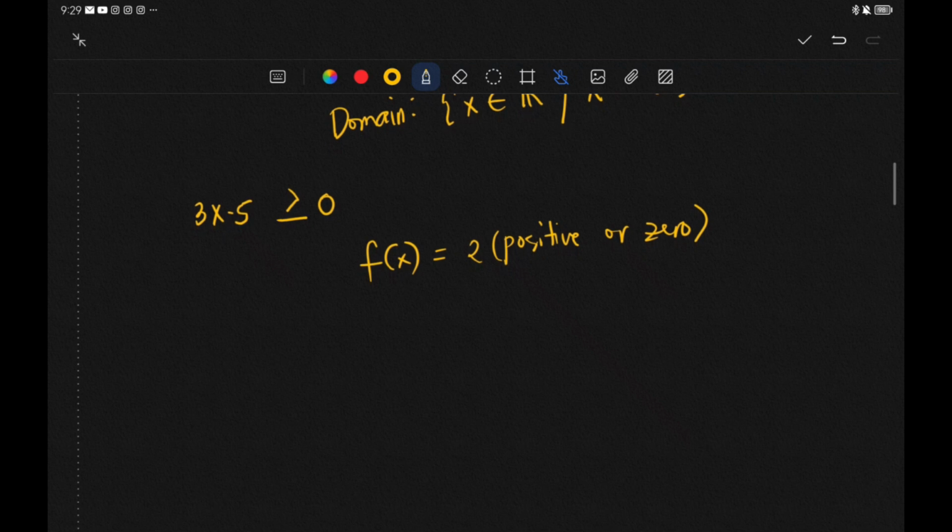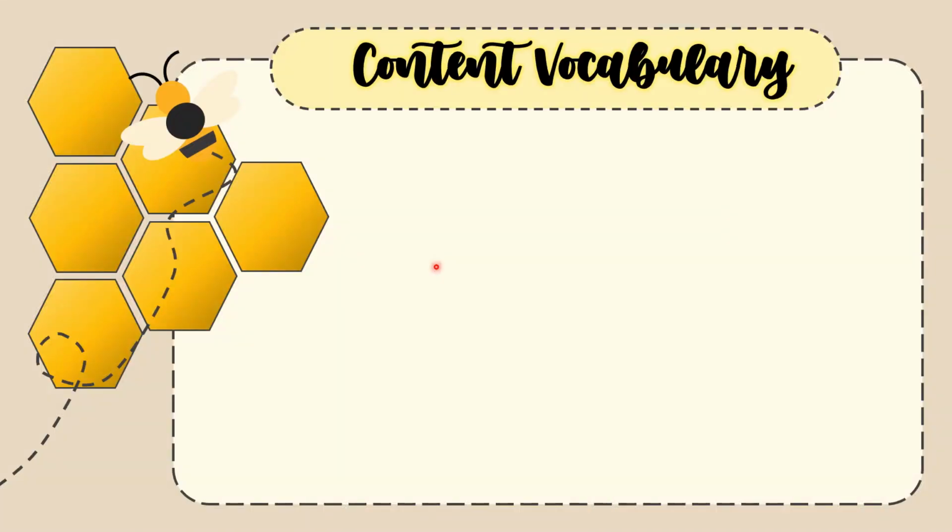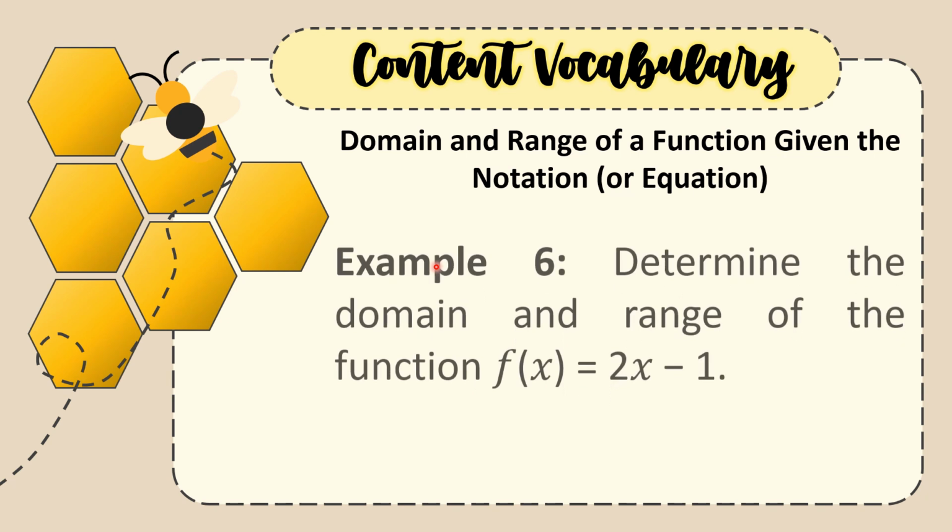So the range of the function f of x is equal to 2 times square root of 3x minus 5 is all real numbers greater than or equal to 0. So in set notation, that is y is an element of all real numbers such that y is greater than or equal to 0. Now let's proceed to example number 6.